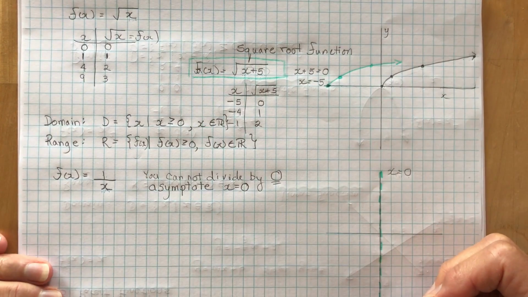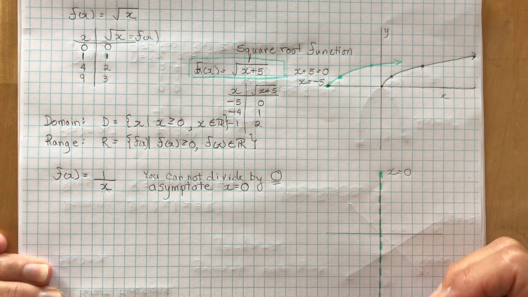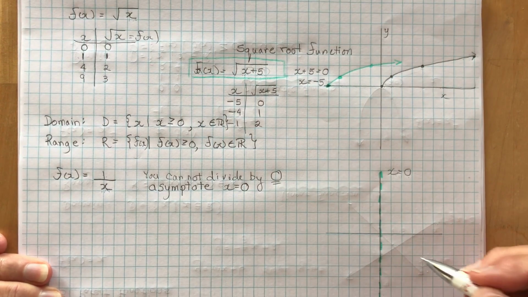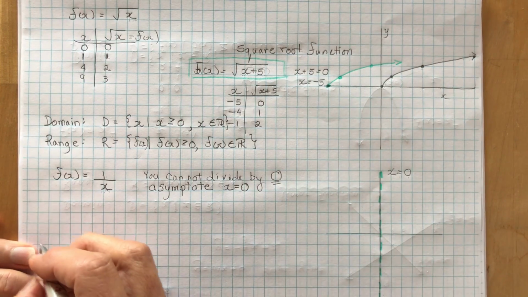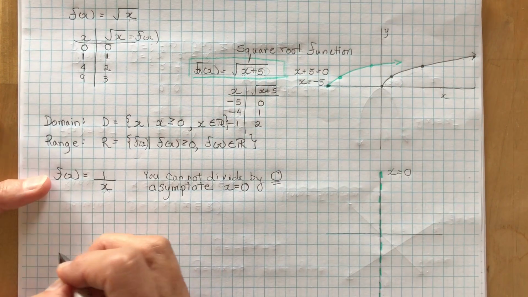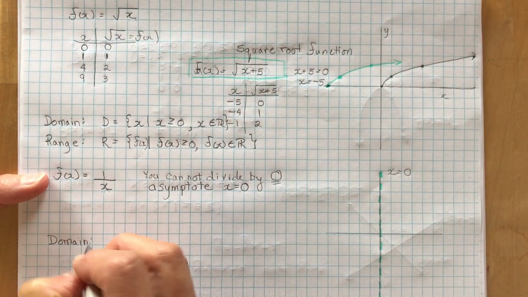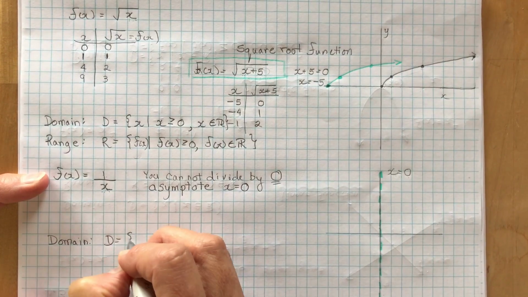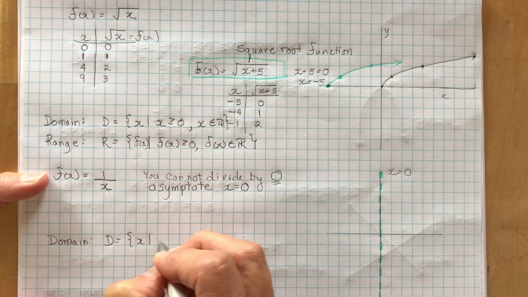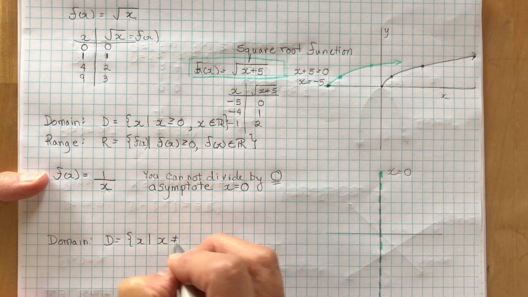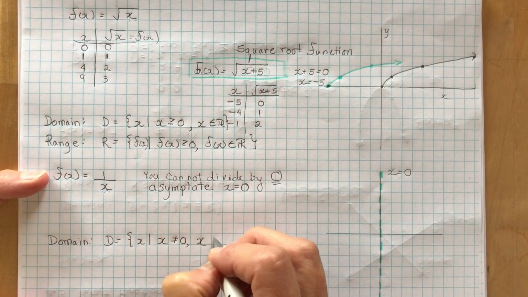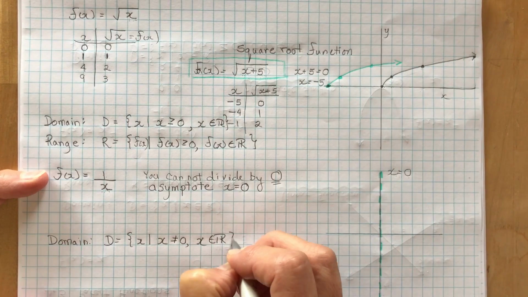So right away, that puts a restriction on my domain. The domain is real numbers, but x can't be equal to 0. And I'm going to write the domain out here first, even though we like to keep that till the end, but we're going to put it here because we figured it out. So the domain is the set of x's such that x is not equal to 0 and x is an element of real numbers.